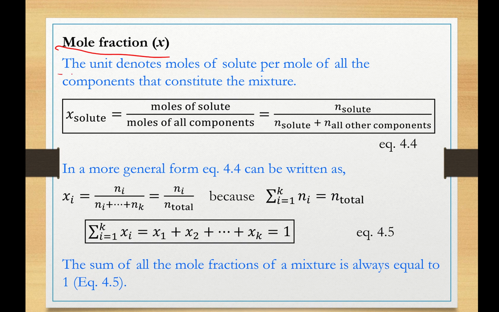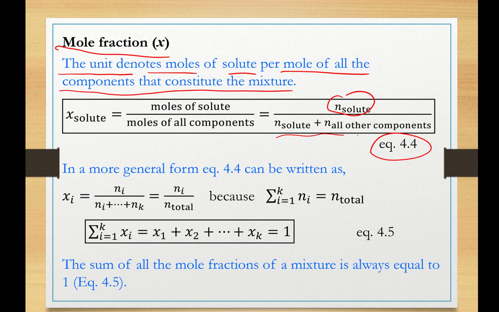This unit denotes moles of solute per mole of all components that constitute the mixture, as equation 4.4 shows. So this is the moles of solute over the moles of all the components composing the mixture, including the solute. Now, the summation of all the mole fractions is always equal to 1. That's always true.